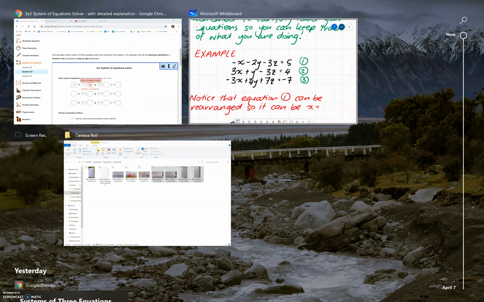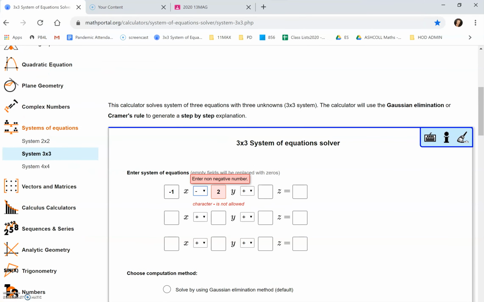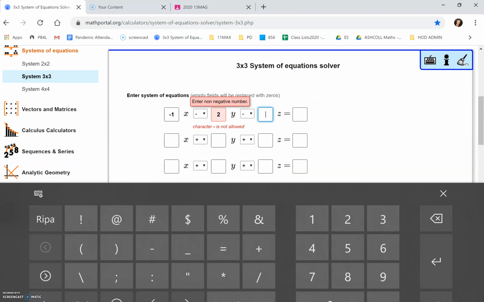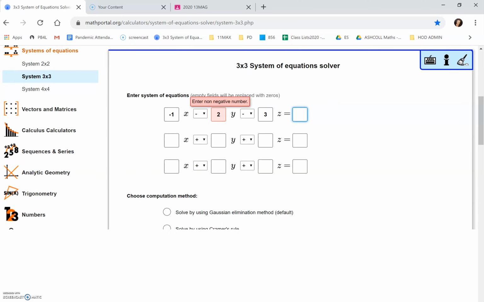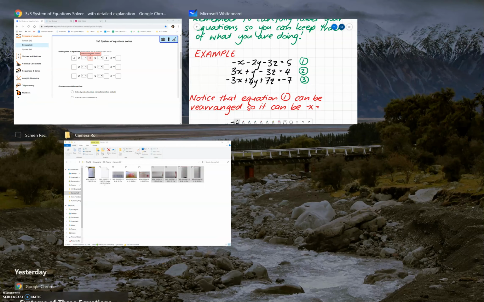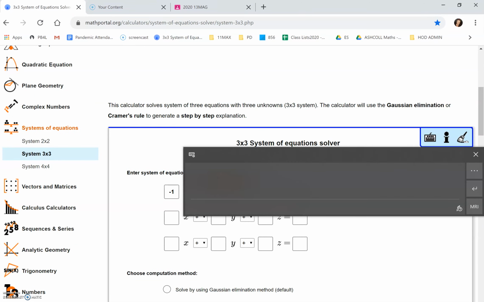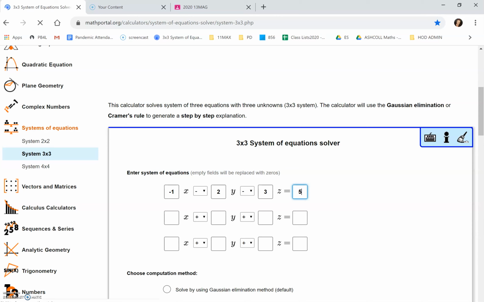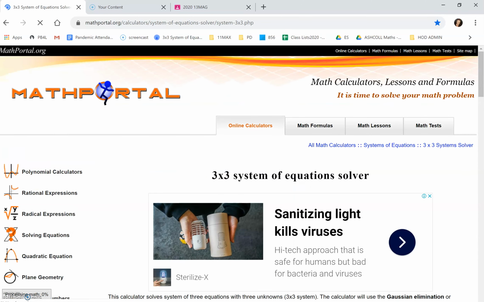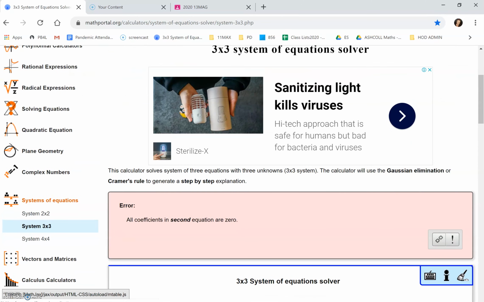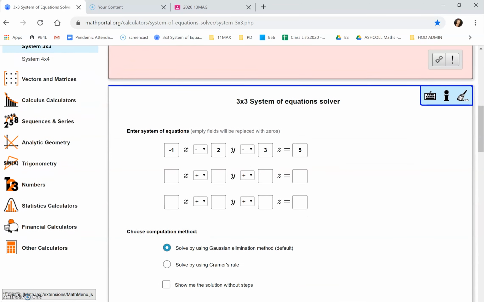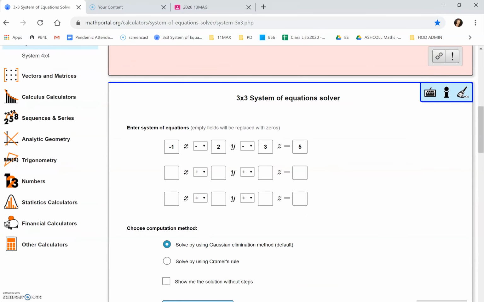The z value was negative 3, so we change this to a negative, and in here we put 3, and the value was 5. So we can type the 5 in there. Sorry, skipping back and forth means that it's creating problems.